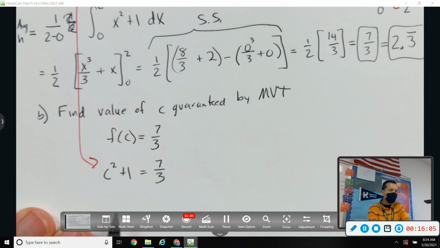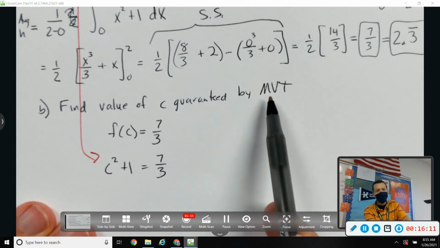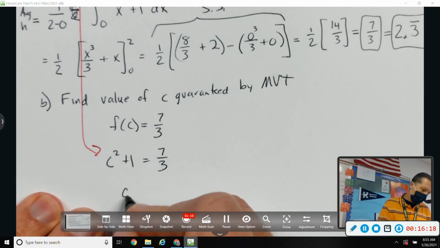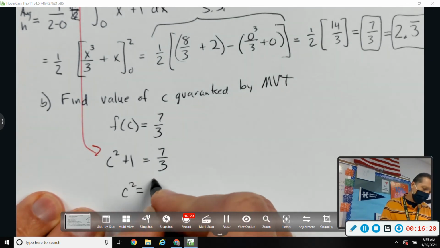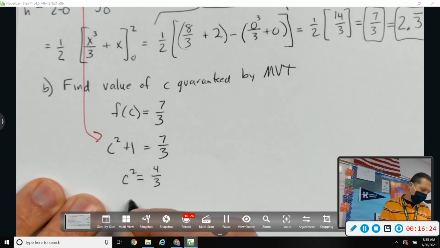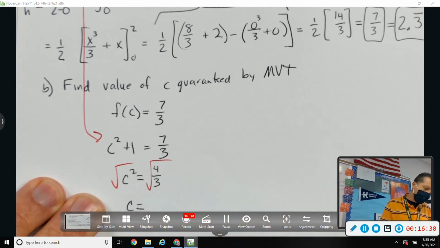All right, I want to know what value of c gives me 7/3 for an answer. So MVT sounds fancy, but it's like just algebra stuff. Like figure out what the x is to get 7/3 for an answer. So c squared equals 4/3. So I square root both sides. Don't forget when you square root both sides to put the plus or minus on there.